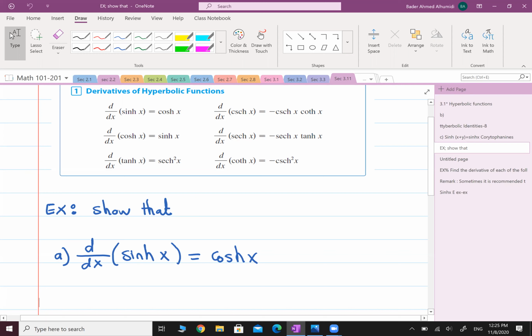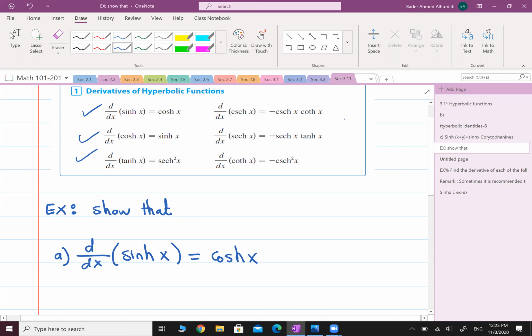Okay, how to remember these identities? We remember from trigonometric functions that whenever we have c there is a minus. Whenever we don't have c we don't have a minus. I will tell you now, the first basic ones, which are sine, cosine, tangent, we do not have a minus.